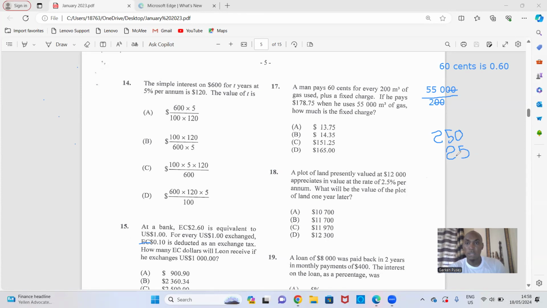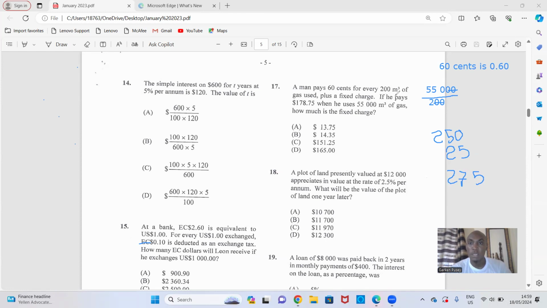So in all, this will give me 250 plus 25 equals 275. So it means we can get 200 cubic meters from 55,000 cubic meters 275 times.